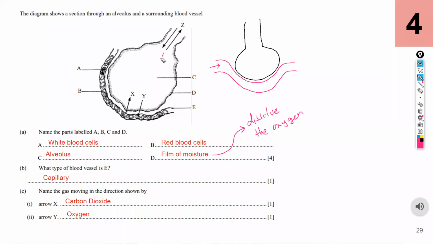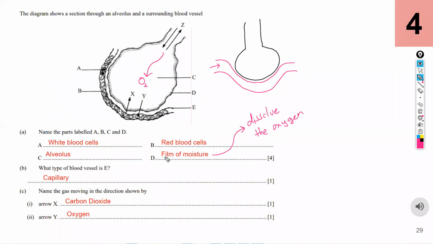Because when oxygen now comes into the alveoli, like you now breathe in, the symbol for oxygen is O2, by the way, the oxygen just cannot soak through from the alveoli into the blood cells. It cannot just diffuse across. It has to touch the moisture, dissolve in the moisture, and only when it dissolves, it moves across by diffusion, right?